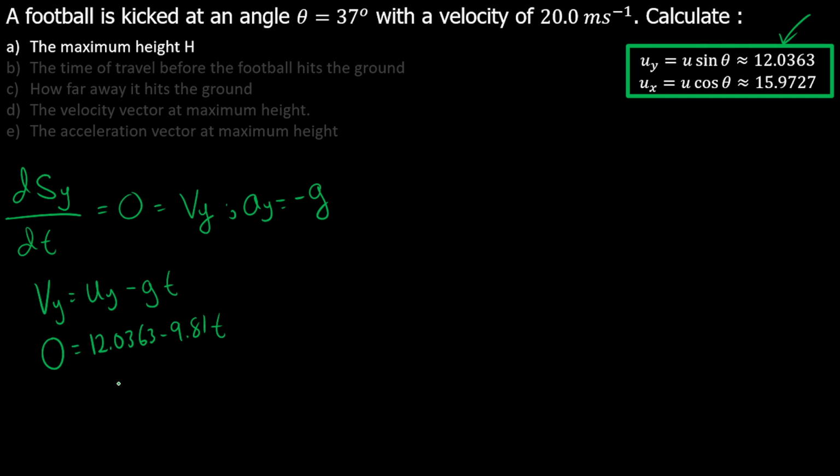Rearranging for t gives 12.0363 over 9.81, which is about 1.227 seconds.